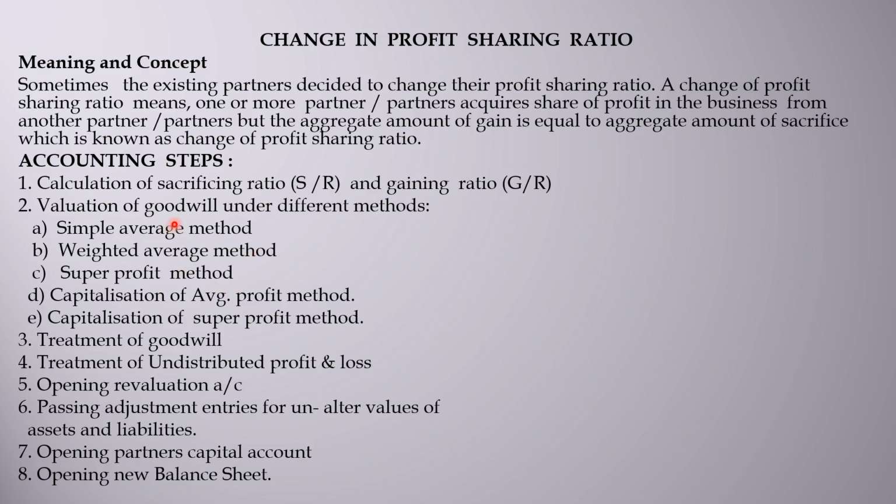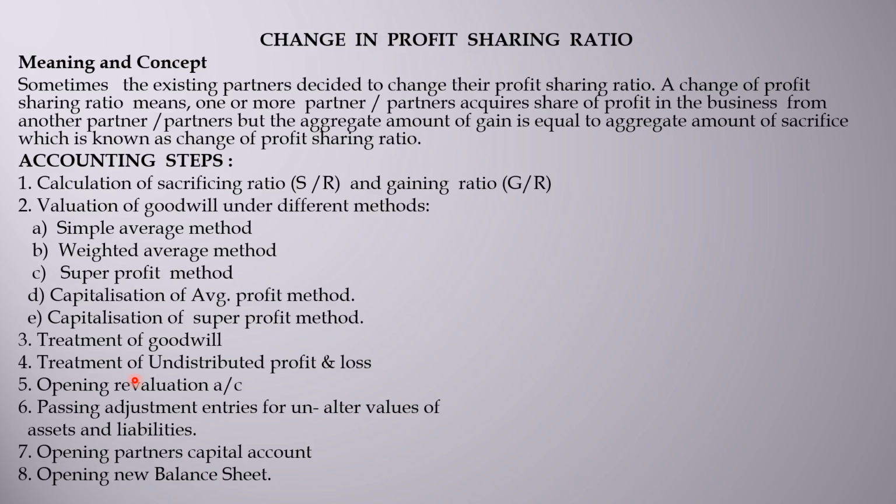Therefore it is very important that we should know the different methods, how to calculate the value of goodwill of a particular partnership business. Not only that, but treatment of goodwill also has a link with death or retirement.